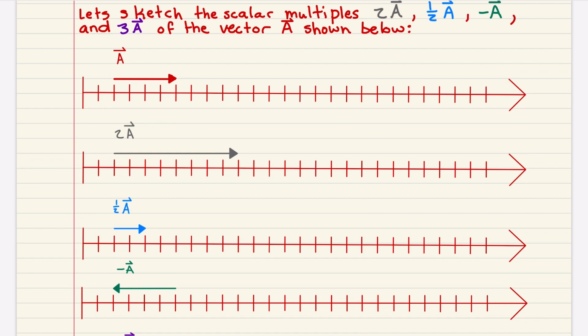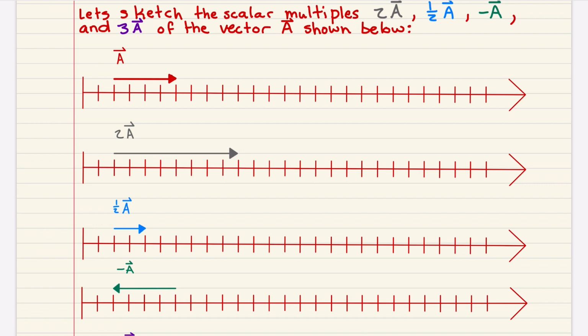There are a lot of physics principles that are built on the concept of a scalar multiple. So yes, if we started with a vector A and we multiplied it by a scalar that is equal to 1/2, then you're just cutting the length of your vector in half, but the direction is the same.